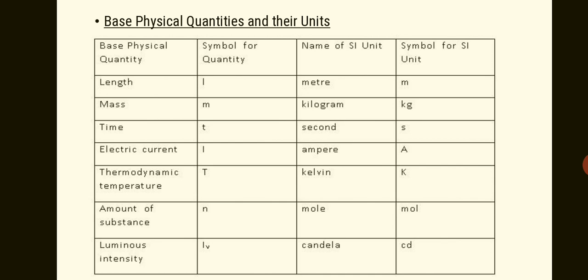So, amount of substance. It is the smallest unit generally used in chemistry. Amount of substance, small n, is the number of moles. 1 mole of a substance contains 6.023 into 10 raised to power 23 particles, and the particles may be atom, molecule, anions, cation.